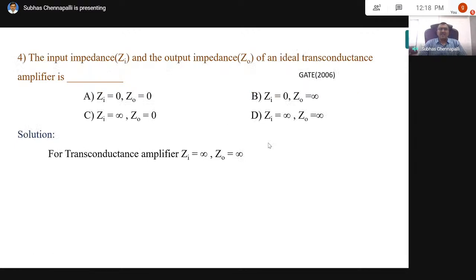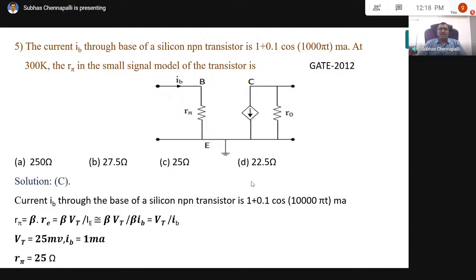This is again a question on the transconductance amplifier. Your input and output impedances will theoretically, and practically, be high. Here a low frequency pi model is given. The current IB through the base of a silicon NPN transistor is 1 plus 0.1 cos 1000 pi t at 300 K temperature. What is the R pi in the small signal model of the transistor?